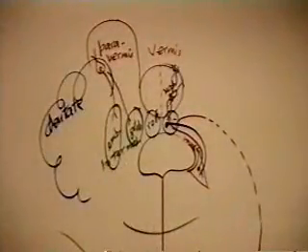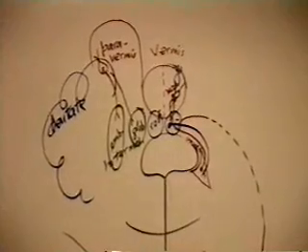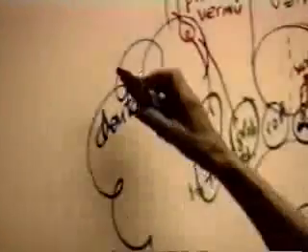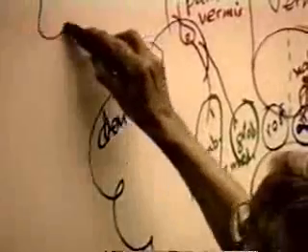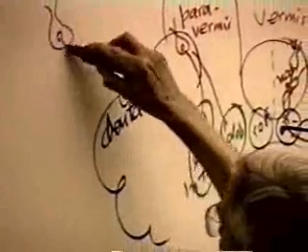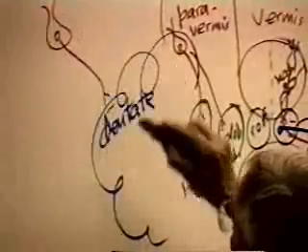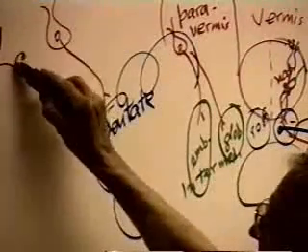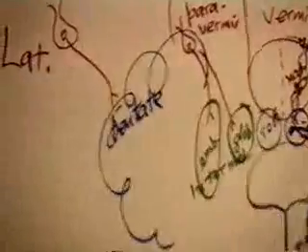You can see it in almost every gross section of the cerebellum. And it receives from Purkinje cells that inhibit from the lateral cerebellar cortex.